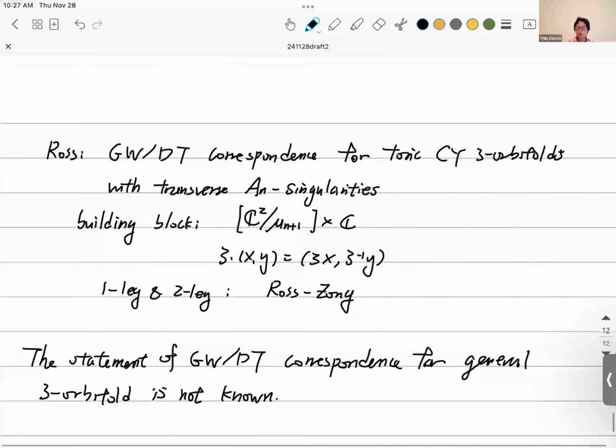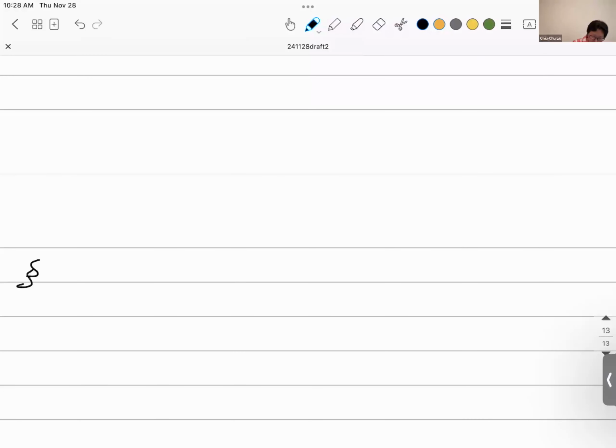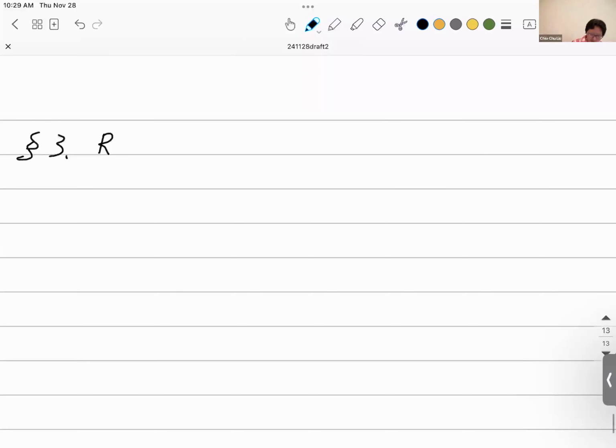Okay, so that's what I want to say about the topological vertex. The third part is the remodeling conjecture.